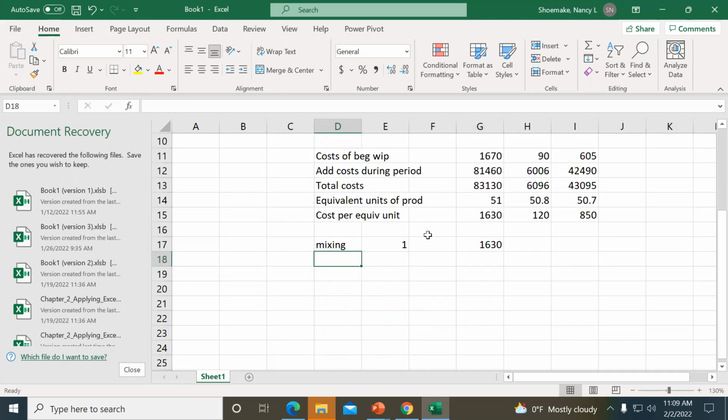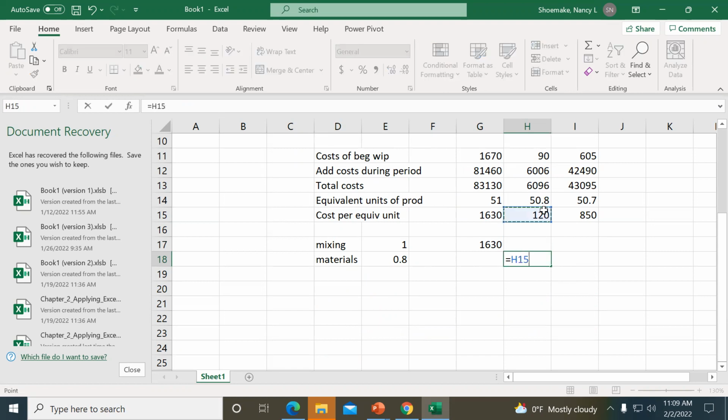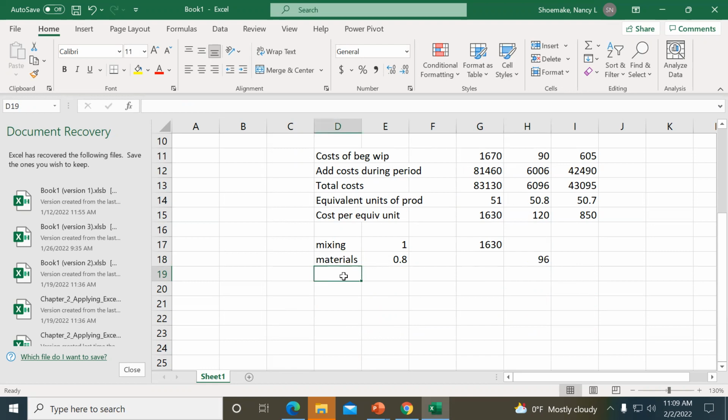And what materials was 0.8, right? Conversion was 0.7.